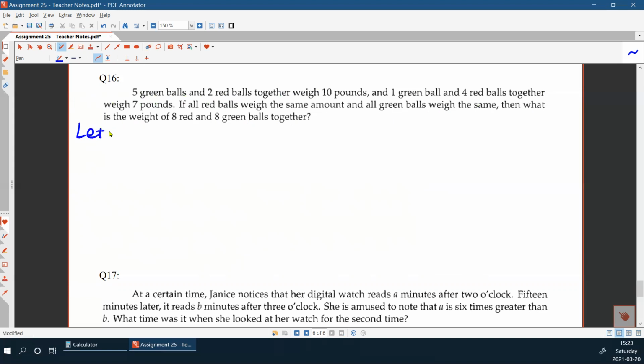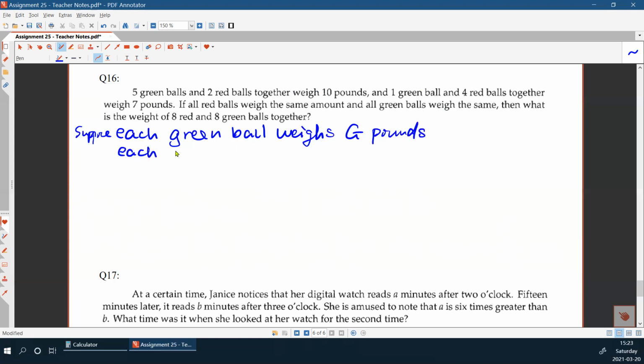Okay, suppose each green ball weighs G pounds, and each red ball weighs R pounds.